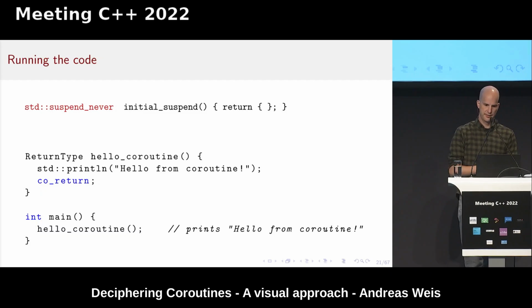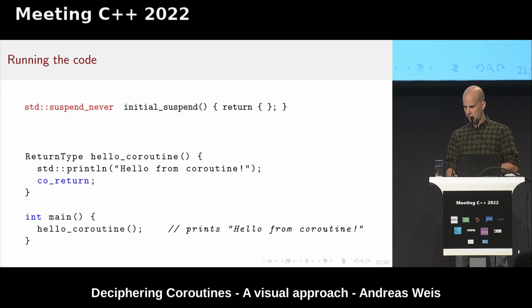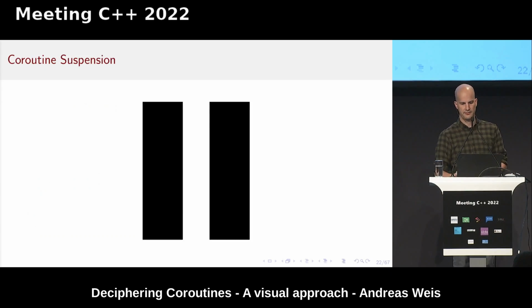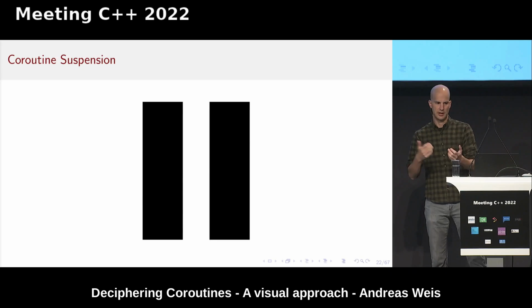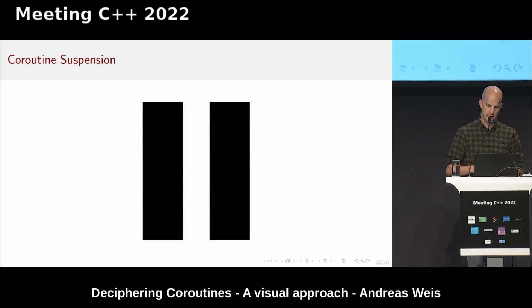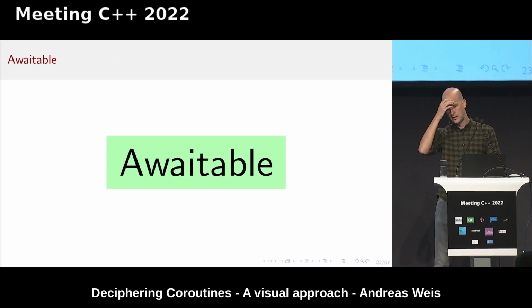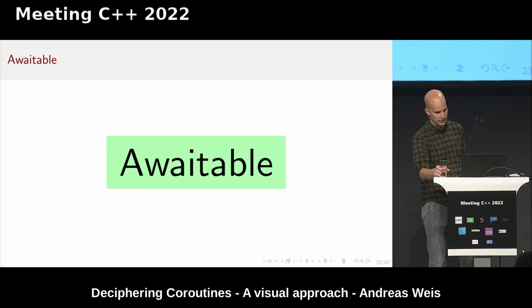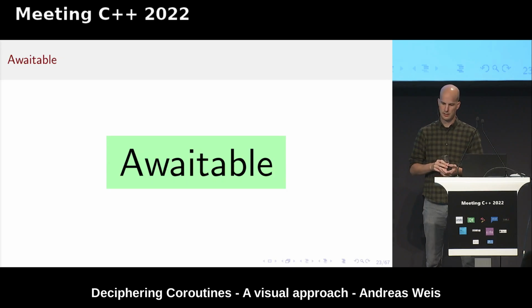So this is already something that we see now, that through the return value of this initial_suspend function, we can push the pause button, right? We can suspend the execution of the coroutine. So let's try to understand what is actually going on there. And for that, we have to introduce the last major component of the mechanism, and that's the awaitable.